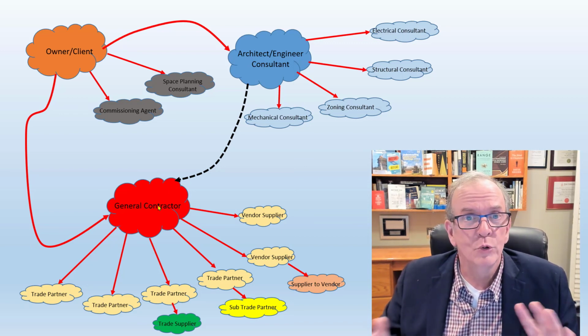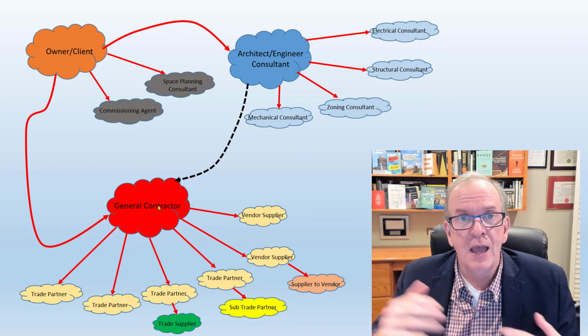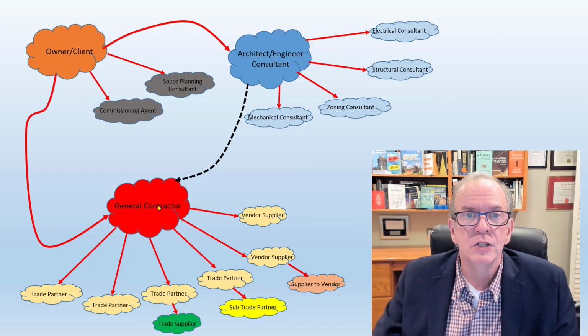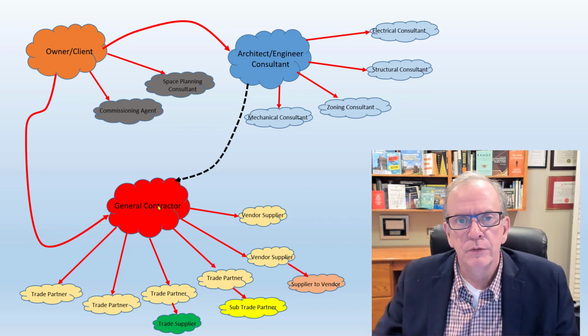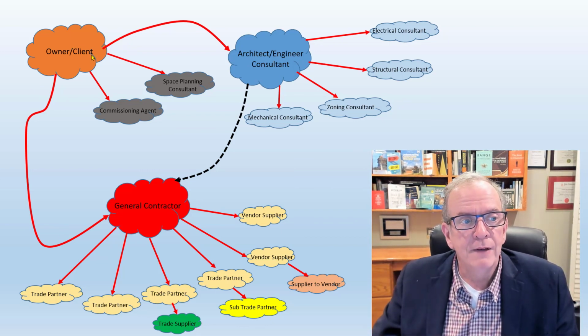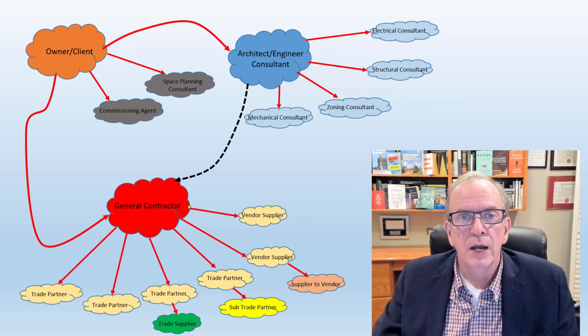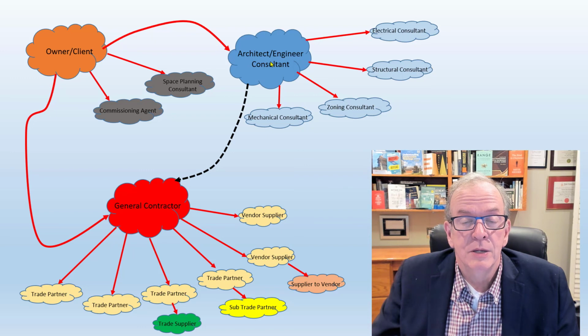There's lots of war stories out there where there have been adversarial relationships and litigation, but the overall goal is always to have a good collaborative relationship so that you're providing value to the owner and client while the contractor is being profitable and the consultant is being profitable too. So these are the roles and responsibilities at a high level that takes place with the construction projects typically.